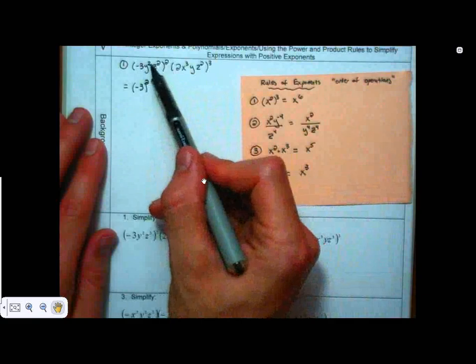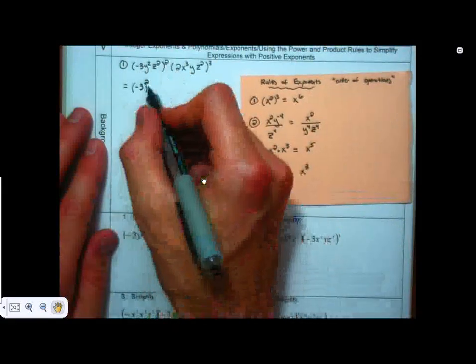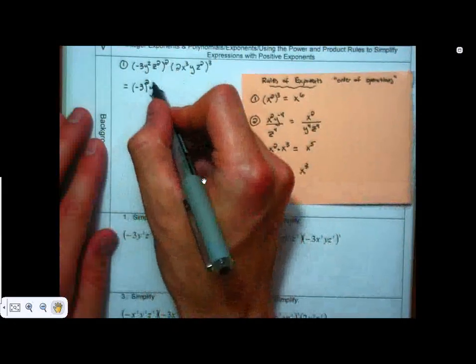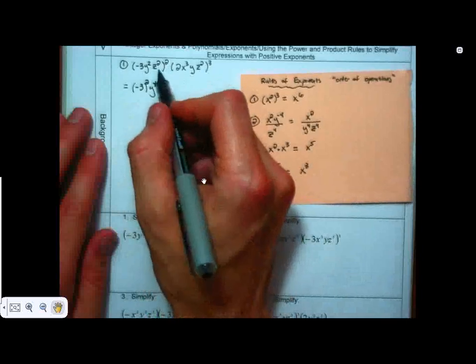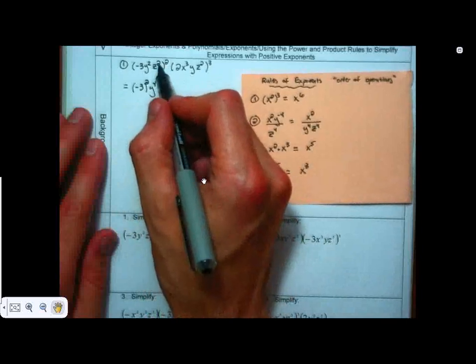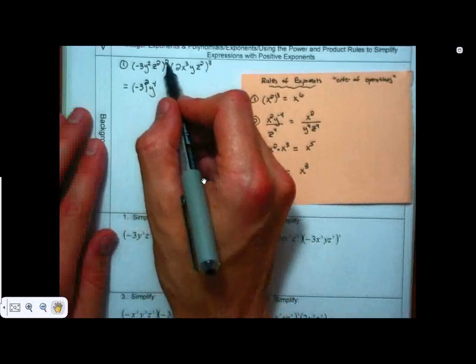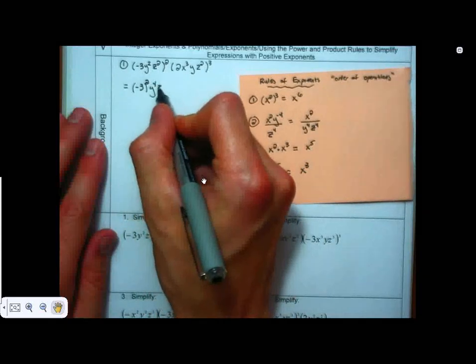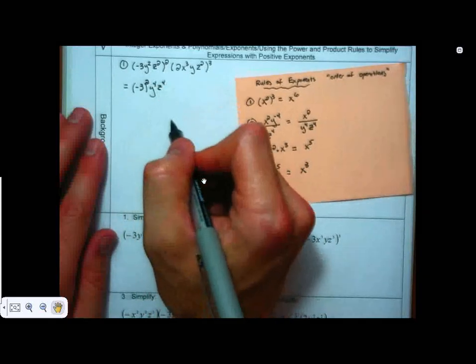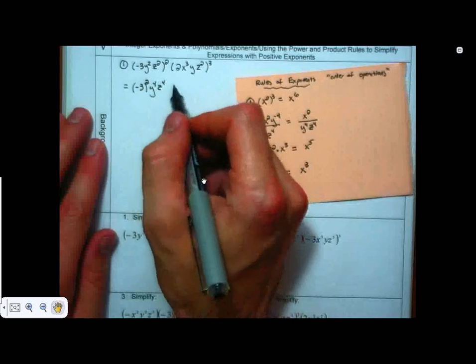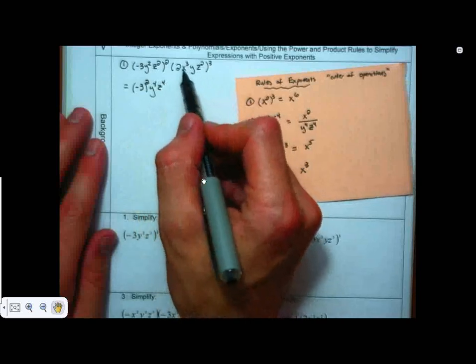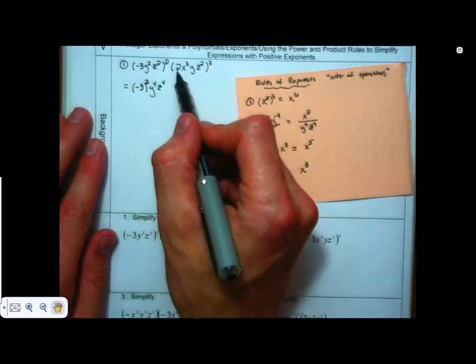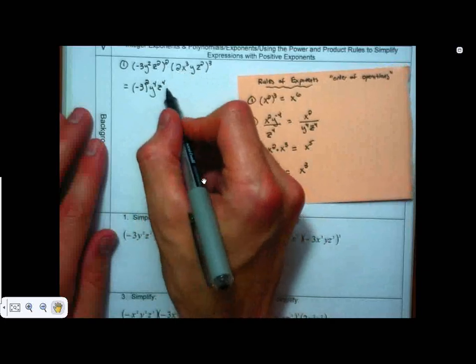So y squared times 2, I'm going to have y to the 4th, and then if I multiply the exponent of z times 2, I'll have z to the 4th. Then for the other expression, again, this coefficient of 2 I'm going to leave alone for right now.